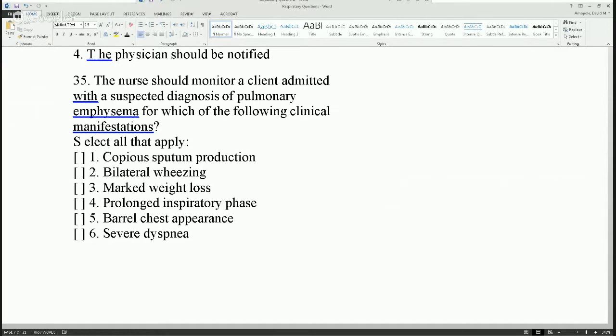They have barrel chest, and they usually are short of breath. So I'm going to say 3, 5, and 6. You got it. Clients with pulmonary emphysema manifest symptoms of marked weight loss, barrel chest, prolonged expiratory effort, marked dyspnea, and a cough late in the progression of the disease. The scant mucus production; copious sputum production is for chronic bronchitis.